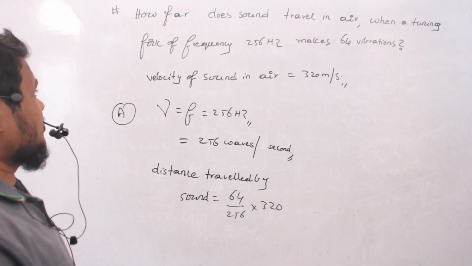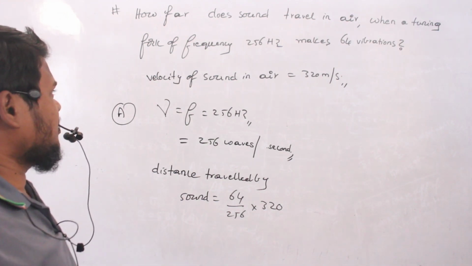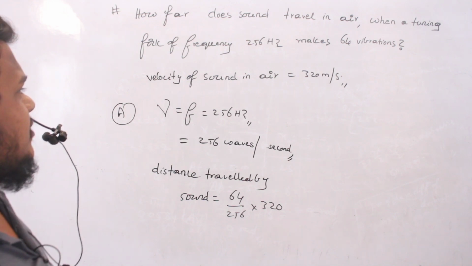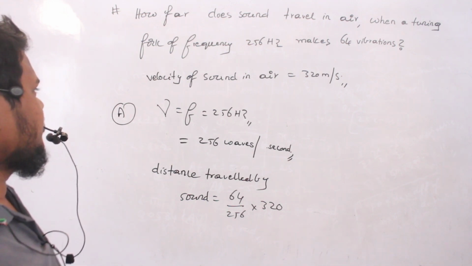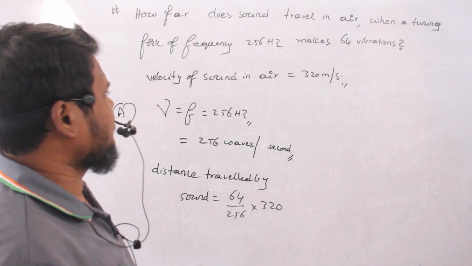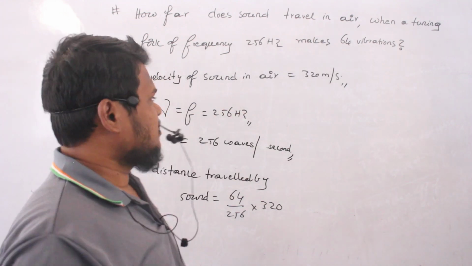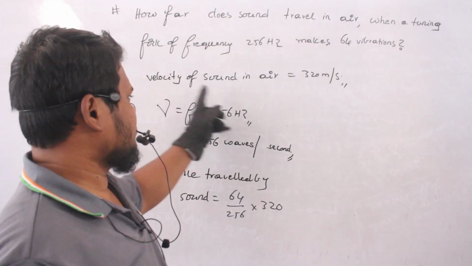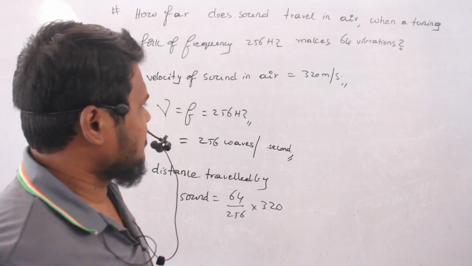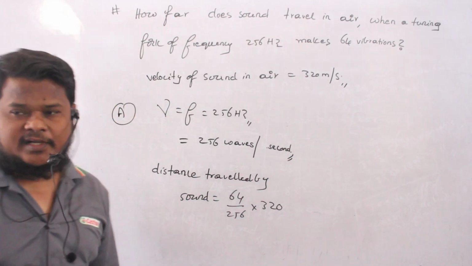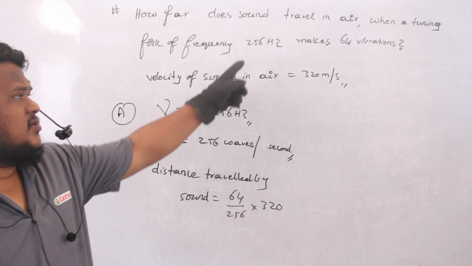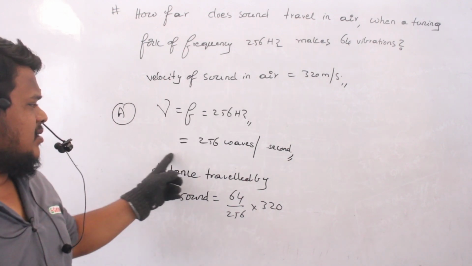Okay? So let us see this question here. How far does the sound travel in air when a tuning fork of frequency 256 Hz makes 64 vibrations? Velocity of sound in air is given as 320 meter per second. Okay? So what is meant by 256 vibrations?